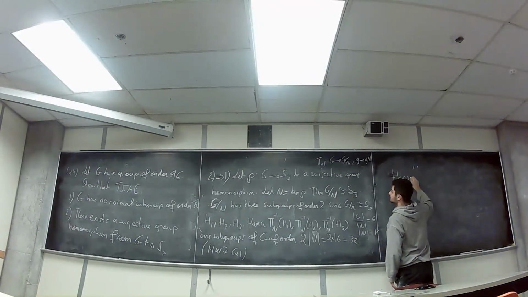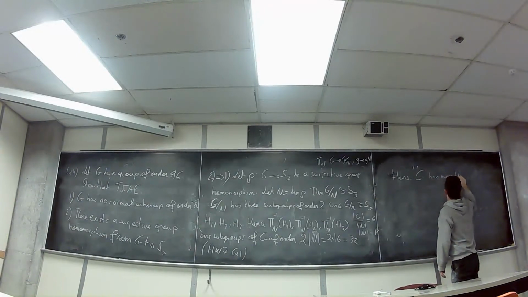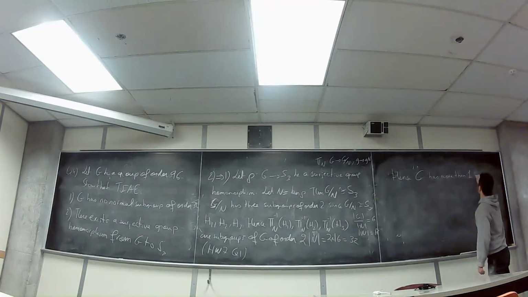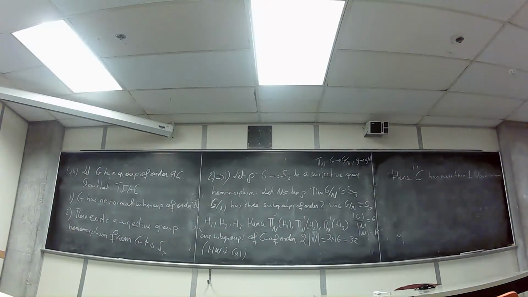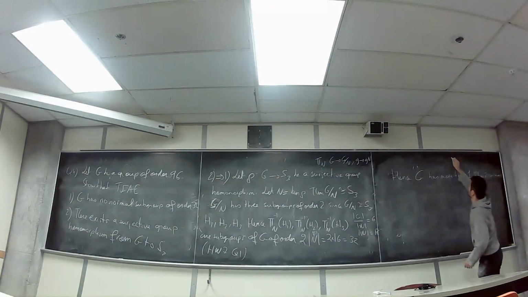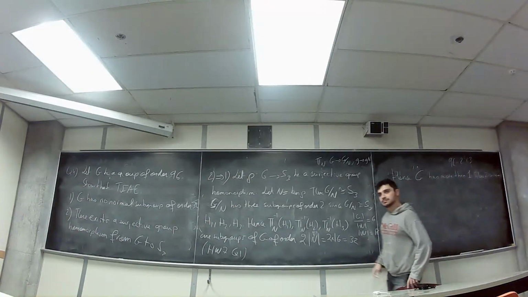Hence G has more than one Sylow 2 subgroup. What is the size of a Sylow 2 subgroup in that case? 32, right? G has order 96, which is 32 times 3.